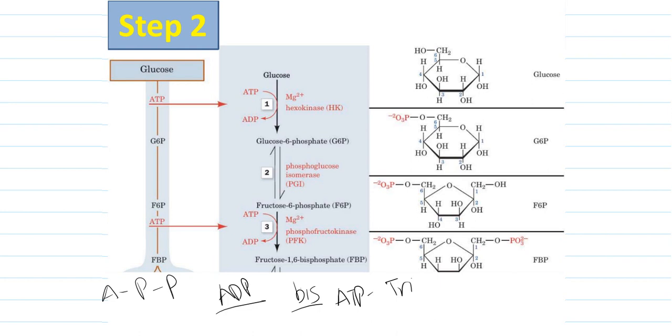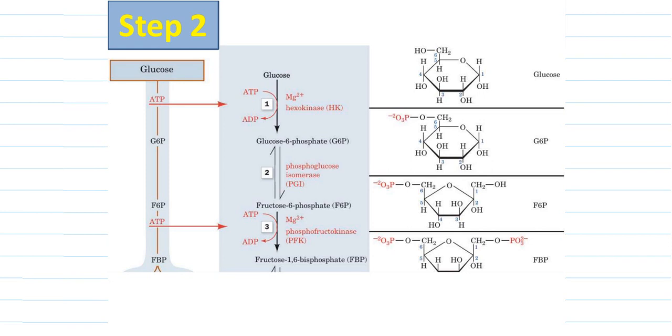But in fructose 6 phosphate, the newly added phosphate is at a different point of the molecule, one on the first carbon and another on the 6th carbon. So the name of the product is fructose 1,6 bisphosphate, meaning the phosphates are not present together at one point, but at different positions.